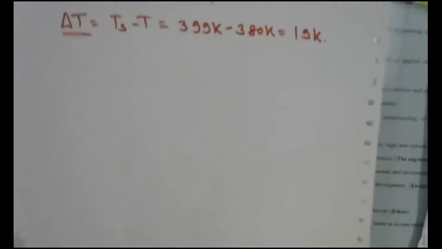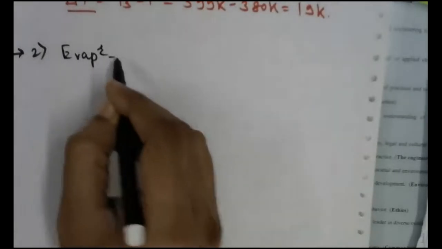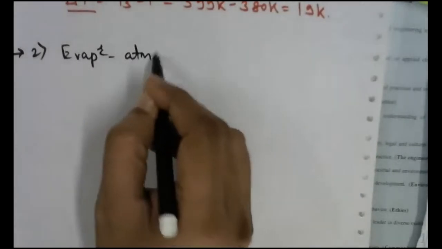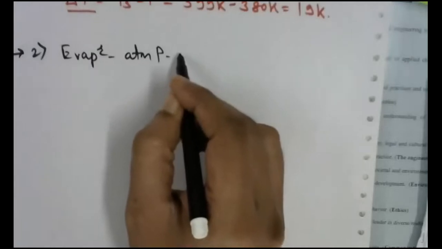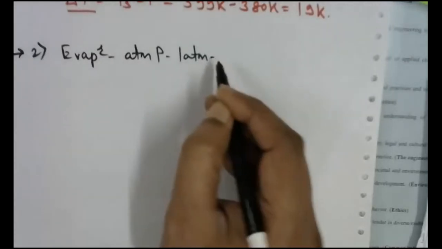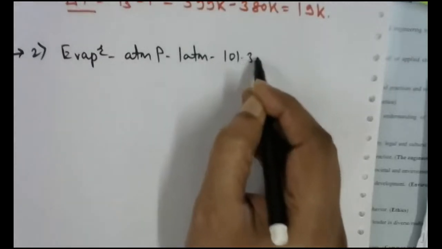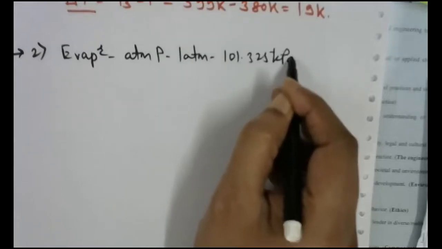Now we will take another numerical. An evaporator operating at atmospheric pressure. Atmospheric pressure means 1 atmosphere, that is 101.325 kilopascal.